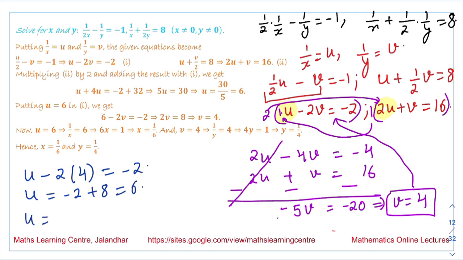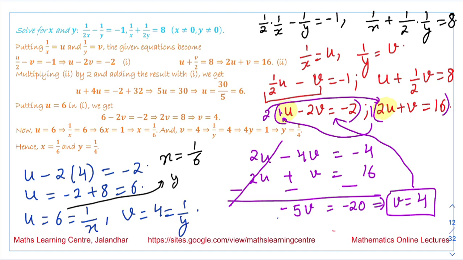So we are saying u is equal to 6, that is equal to 1 by x. v is equal to 4, that is equal to 1 by y. So what we get is that the value of x is 1 by 6 and the value of y is 1 by 4. These are the values that we have obtained.